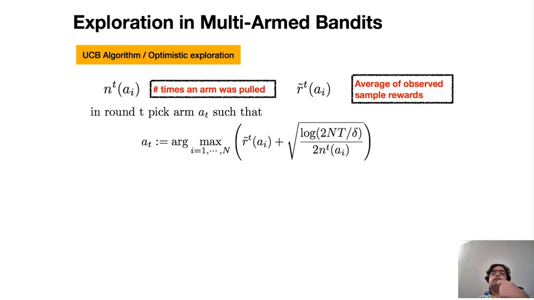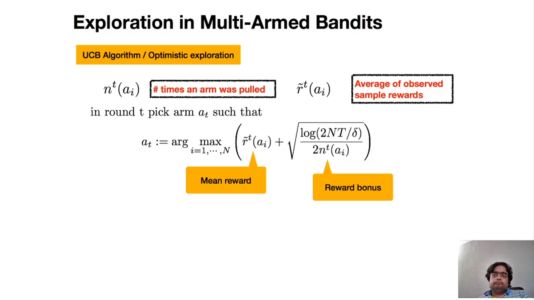Capital T is the total number of iterations you would do for this bandit problem, for which you want the regret to be small, and N is the total number of actions or arms available to you. So it's mean reward plus a reward bonus.